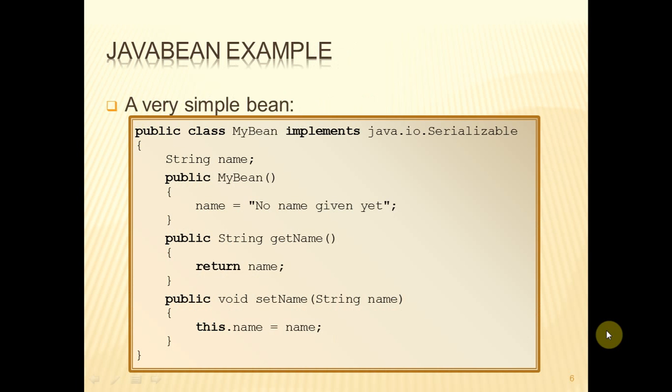And so here we have a very simple bean example. In the header for the class, we can see that it's called myBean. This is the important thing: implements java.io.serializable. And simply implementing that interface means that objects of this bean can now be deconstructed for saving or writing in some way or another.